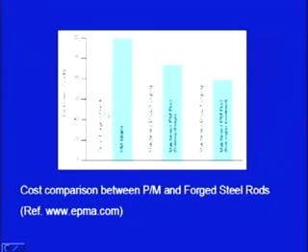This is a drop forged blank, this is a PM blank. Although the powder metallurgy blank is initially costly, when it goes through the sequence of operations, the final machined powder metallurgy rod is cheaper as compared to the rod made by the basic manufacturing process.